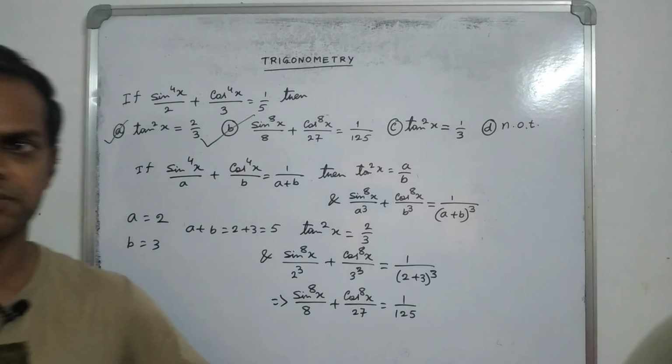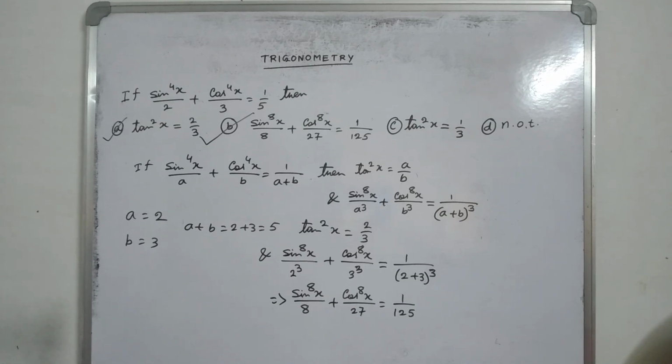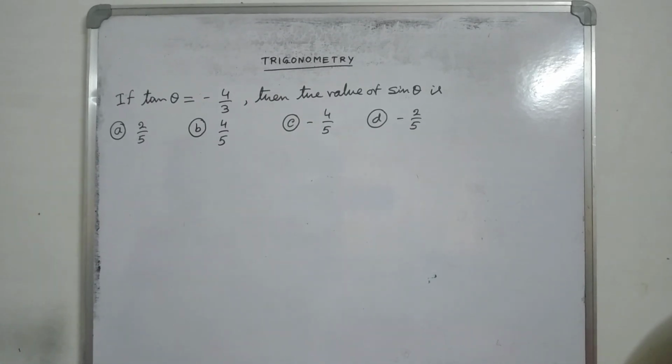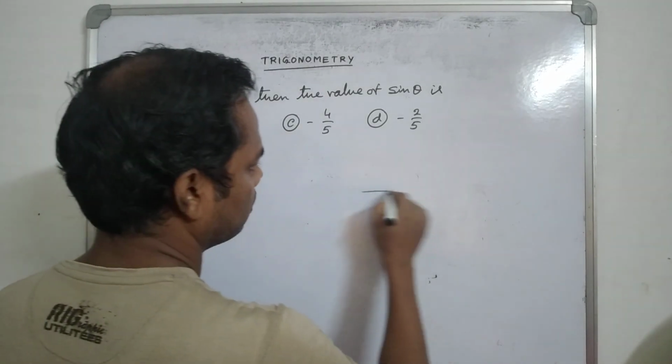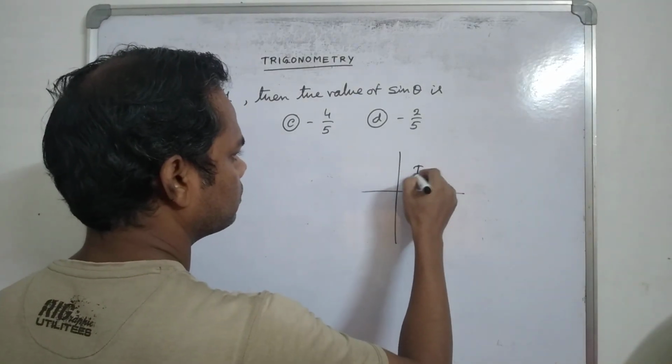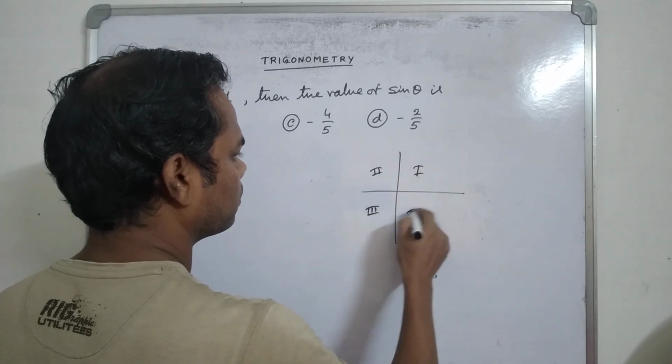Next sum is: if tan theta equals minus 4 by 3, then the value of sin theta is either 2 by 5, or 4 by 5, or minus 4 by 5, or minus 2 by 5. Now you see that there are 4 quadrants: first, second, third and fourth quadrant.